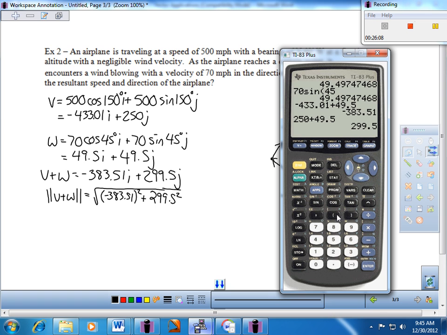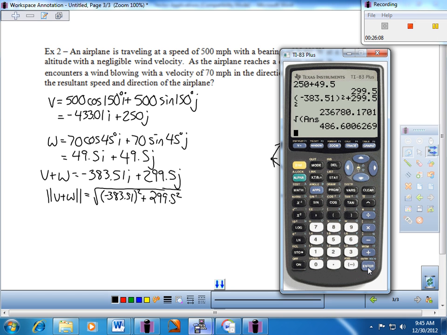And so let's see, negative 383.51. Let's close that and square it. And same thing here, everybody. How about that 299.5? Let's square that as well. Looks good. I'll go ahead and apply the square root on this at this stage.